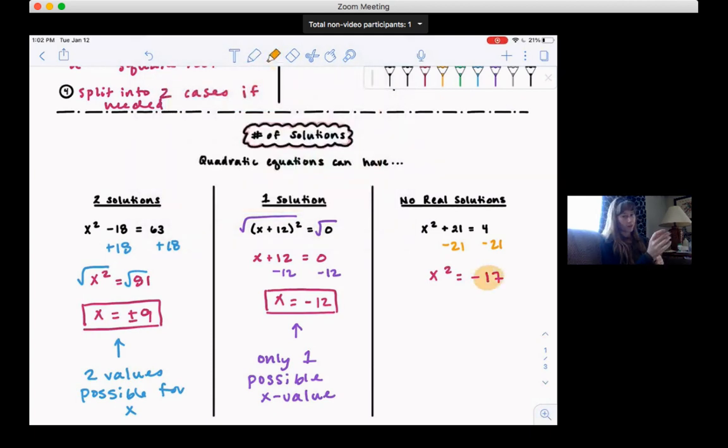So no matter what I choose for x, x squared is going to be a positive number. If x is positive, then a positive times a positive is a positive, so x squared is positive. If x itself is negative, then a negative times a negative is also a positive, so x squared is also positive. So no matter what x is, x squared is always positive.